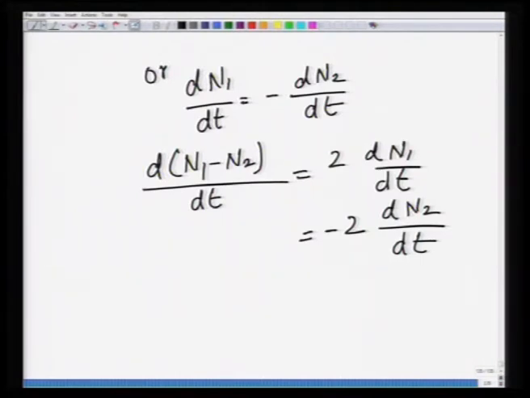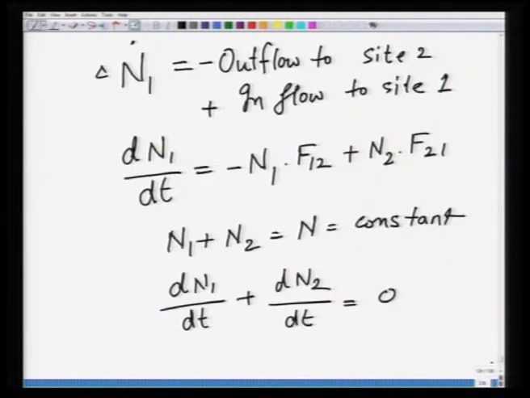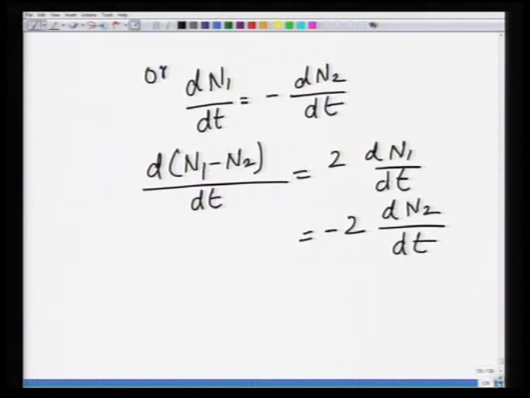We have not done anything miraculous here, just manipulated the previous equations. Okay. Now to take it forward, we replace this dn1 by dt in the equation that we wrote earlier. The equation we wrote was dn1 by dt is equal to minus n1 f12 plus n2 f21, and so we just replace dn1 by dt from this equation.